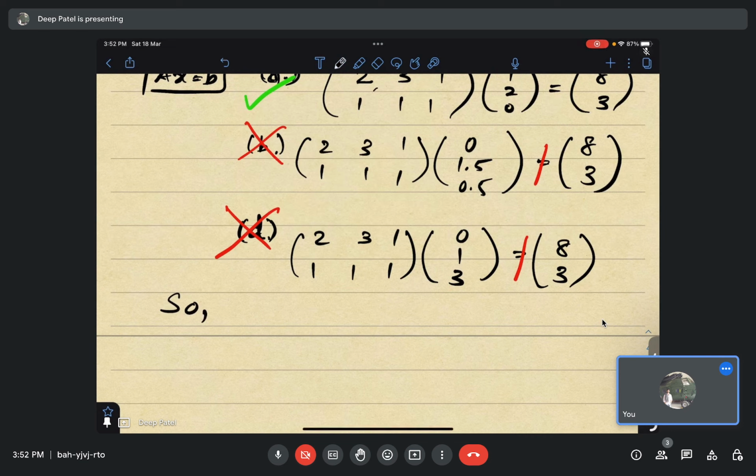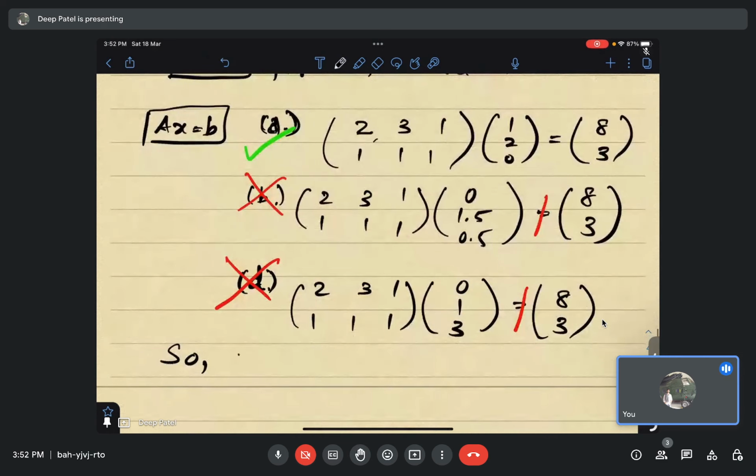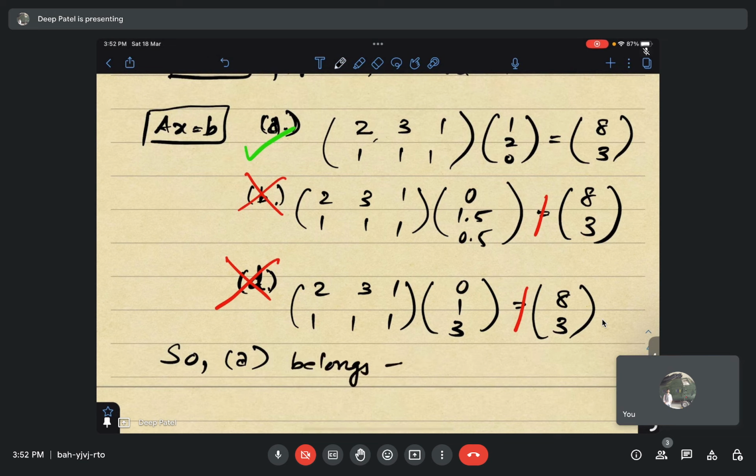So A belongs to the feasible set, right? We can just do this by elimination, but if there are two potential candidates, we have to check further.